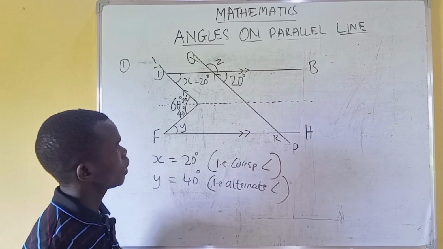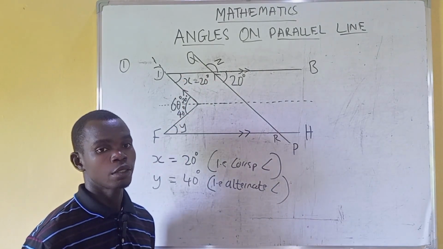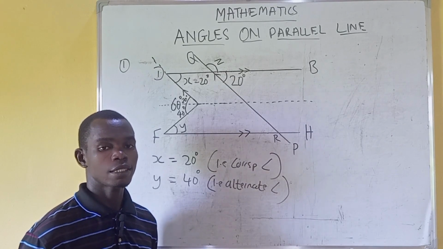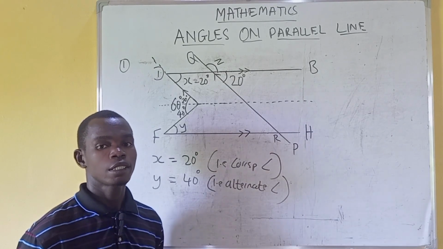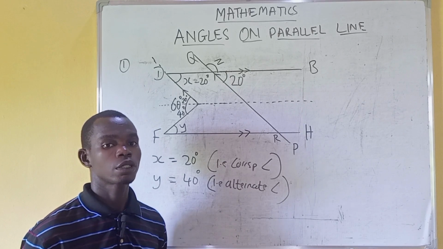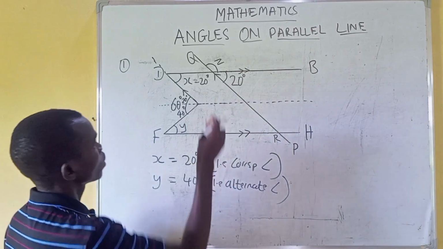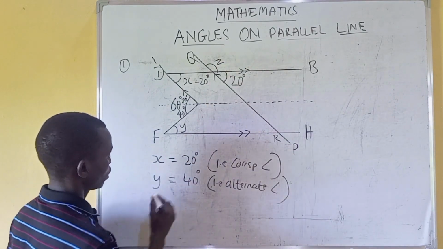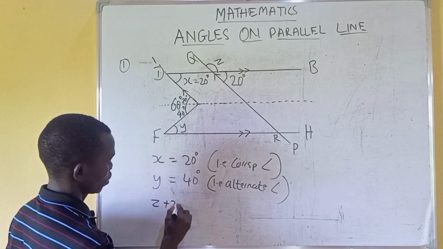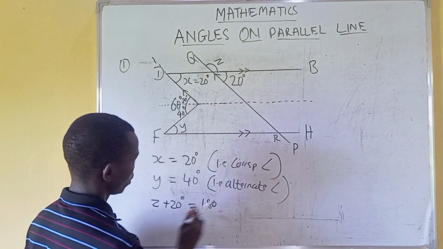For us to find Z, we can use angles on a straight line, because when two lines intersect to form a straight line, the angles formed at that point of intersection sum to 180 degrees. So Z plus 20 degrees will be equal to 180.